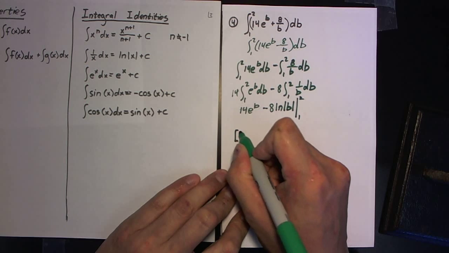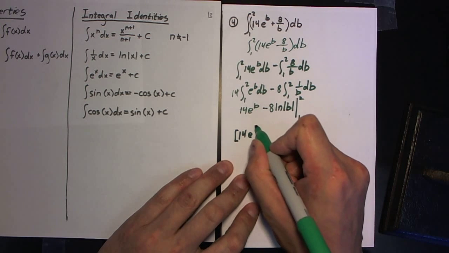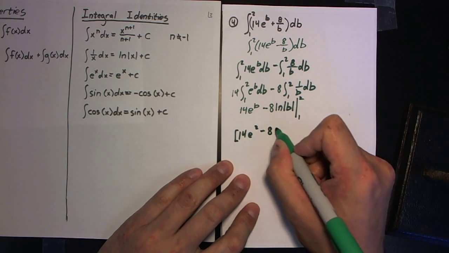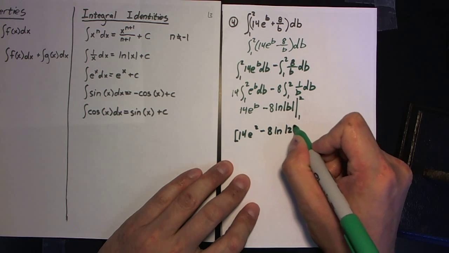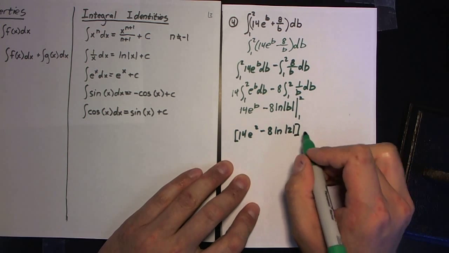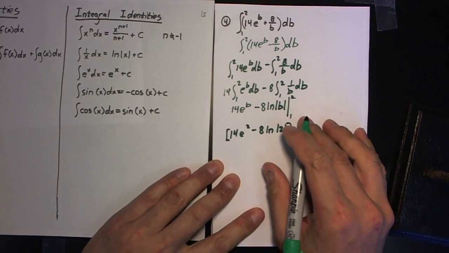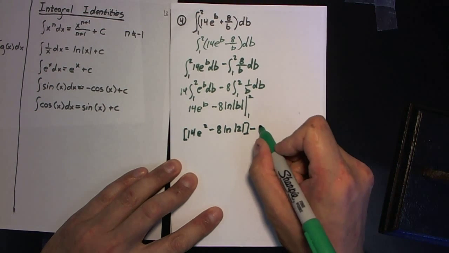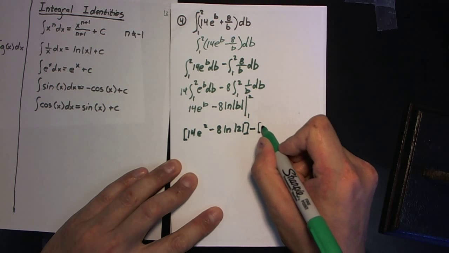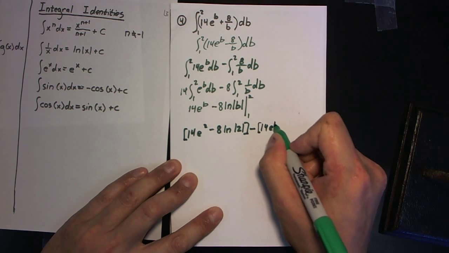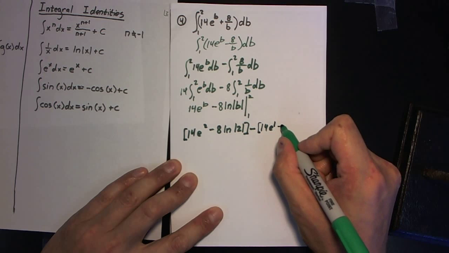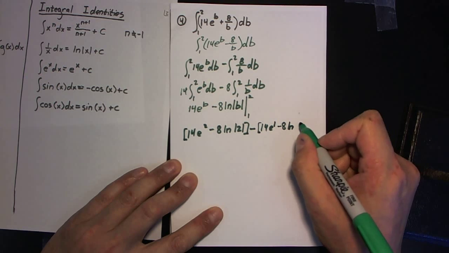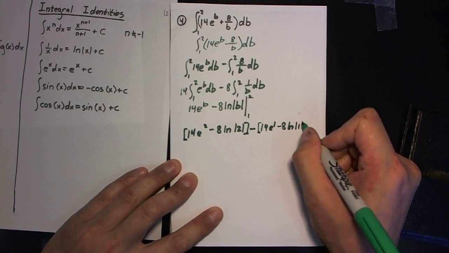So we got 14 e to the 2 minus 8 times the natural log of the absolute value of 2, minus 14 e to the first minus 8 times the natural log of the absolute value of 1.